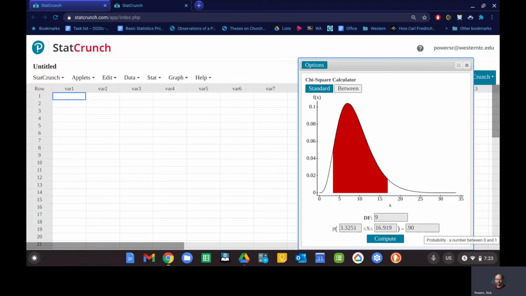I just have to label them correctly. The one on the right is alpha over 2. The one on the left is 1 minus alpha over 2. But again, as you can see, it's not actually symmetric, but it gives us the numbers that we need. All right. Feel free to let me know if you have any questions about this, and best wishes on using chi-squared.